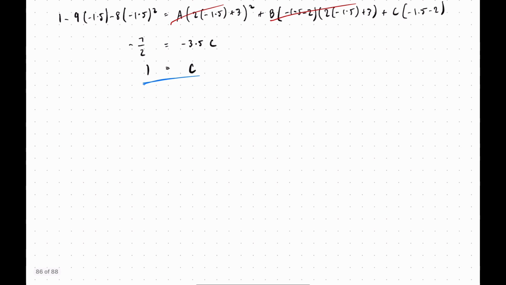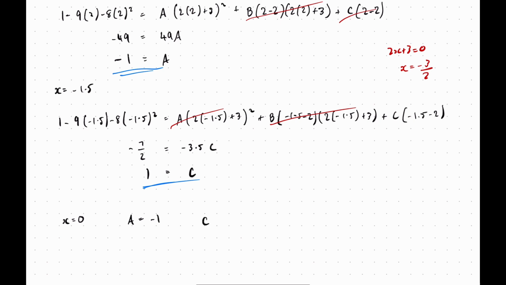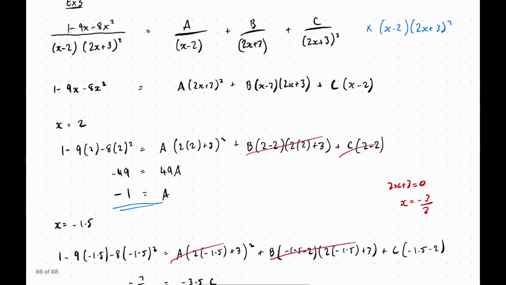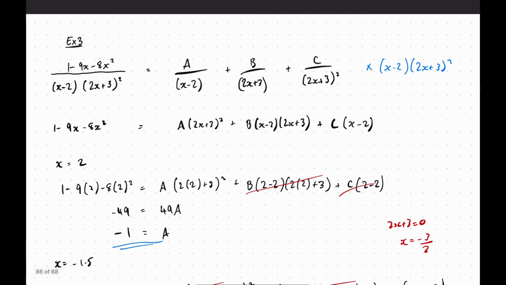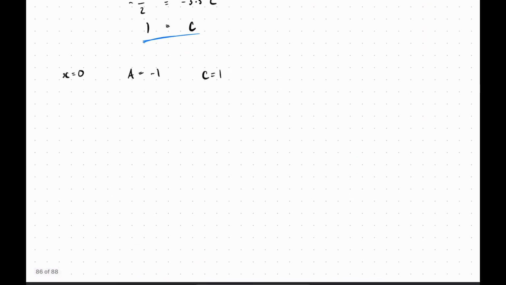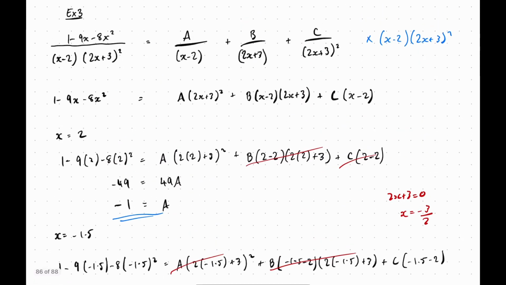So we're going to do x is equal to 0. We're going to use a is equal to negative 1 and c is equal to positive 1 in our equation here, which is 1 minus 9x minus 8x squared. So 1 minus 9 lots of 0 minus 8 lots of 0 squared is equal to my a, which is just in front of 2x plus 3 squared.